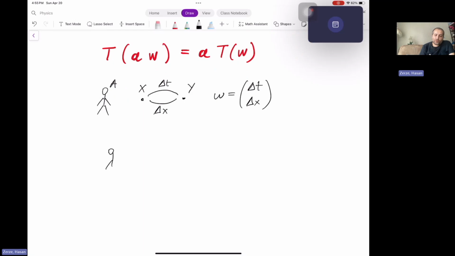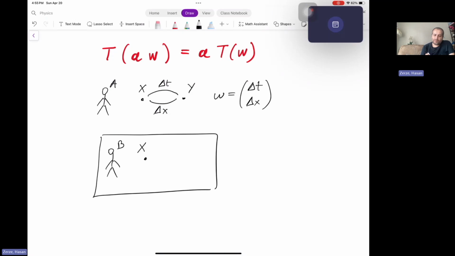In the framework of B, these events will be seen as x prime, y prime, delta t prime, delta x prime. Now, suppose we change the units, like suppose we're multiplying all the distances with some number a. Let me give you an example to make it more clear. Suppose I'm multiplying this with a scalar a.